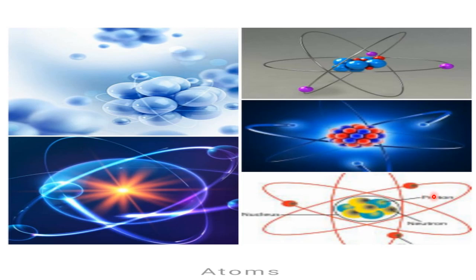In the nucleus, there are positively charged protons and neutral particles with no charge, called neutrons. Outside the nucleus, electrons move around it.